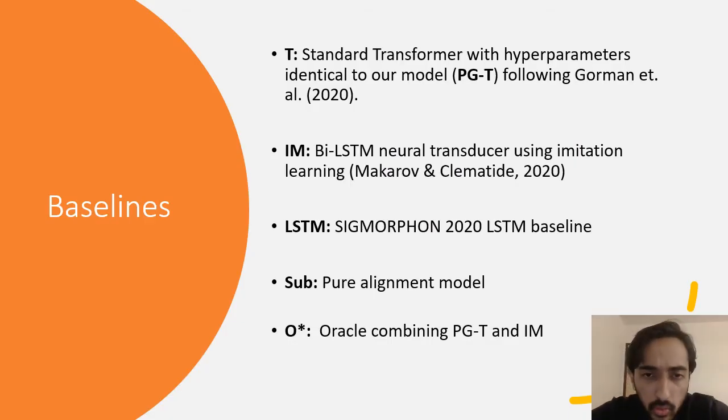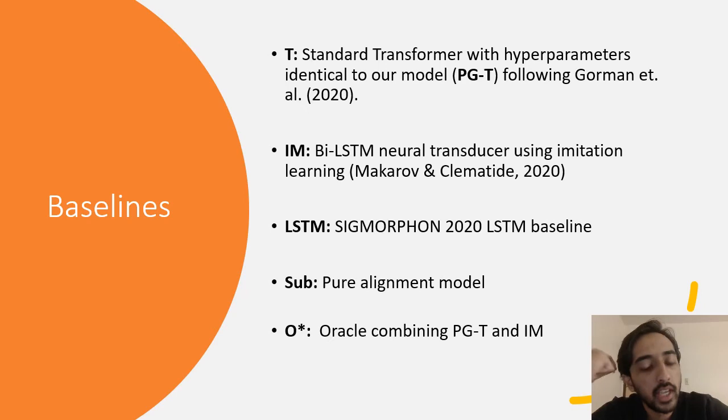We compare this model with 5 baselines. The first is T, a standard transformer, which uses the same hyperparameters as we do and that is used among the SigMorphon 2020 baselines for the transformer.